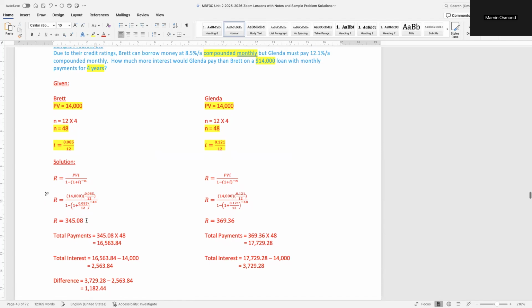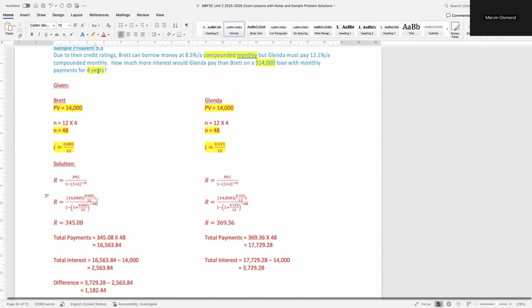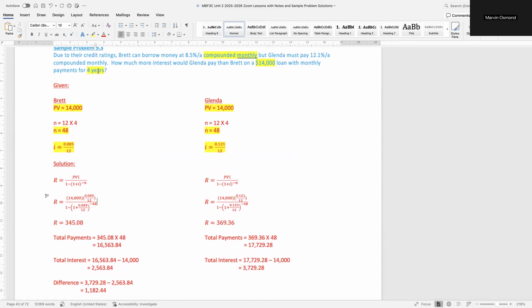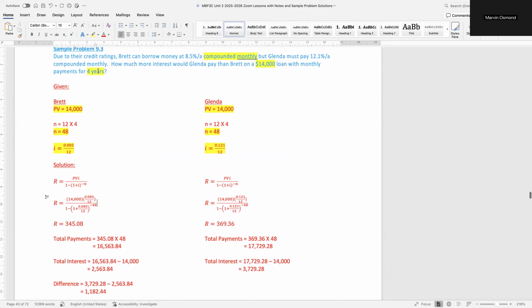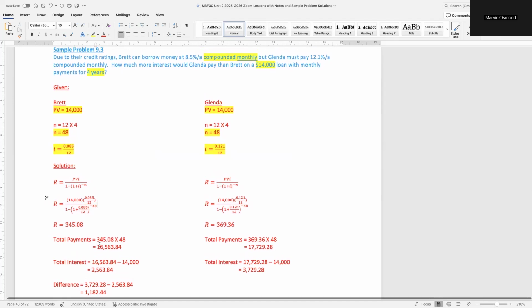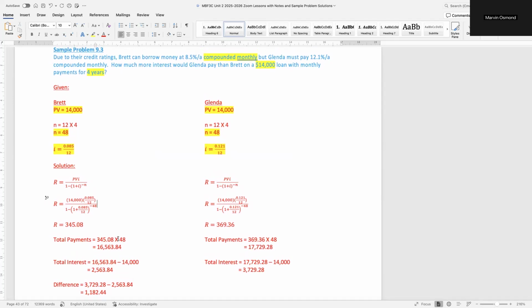So Brett's going to pay $345.08 per month, and it's for 4 years. So 4 times 12 is 48. So it's going to make 48 payments. So 345.08 times 48 is 16,563.84.